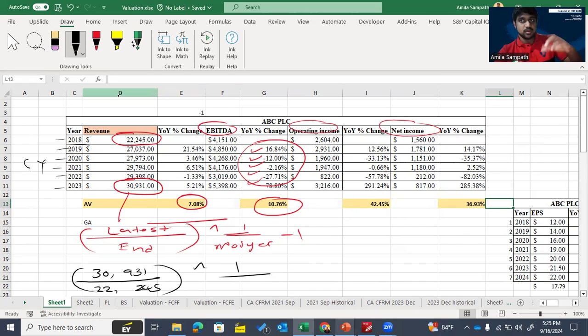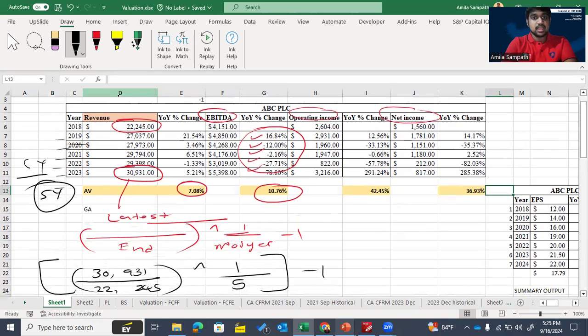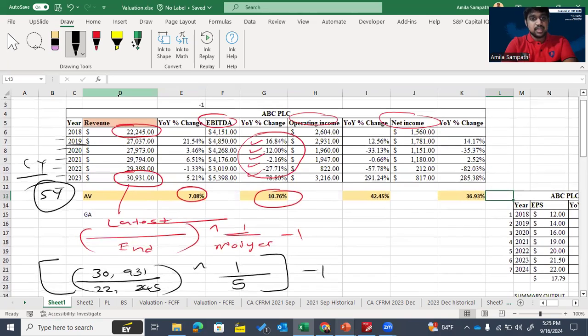From the beginning of 2019 to the end of 2023, there are 5 years. Therefore, we need to use 5 years here, not 6, then minus 1 from this entire calculation. Then we can get the geometric average for the revenue.